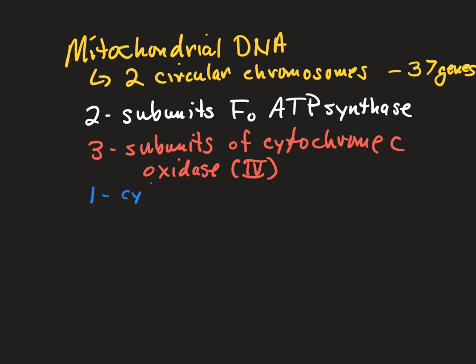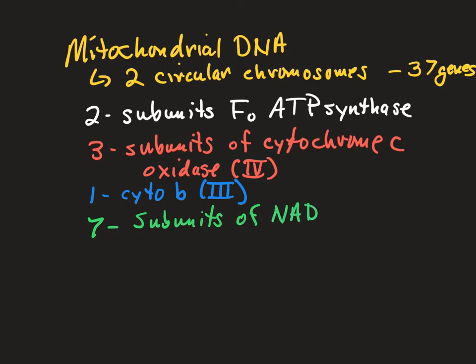One is for the cytochrome B component of complex 3 of the electron transport chain. 7 are subunits of the NADH coenzyme Q reductase, that is complex 1 of the electron transport chain.